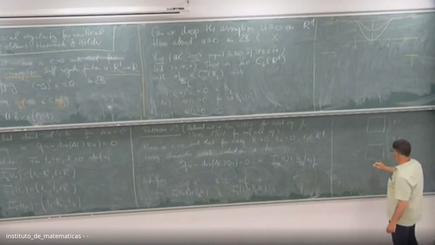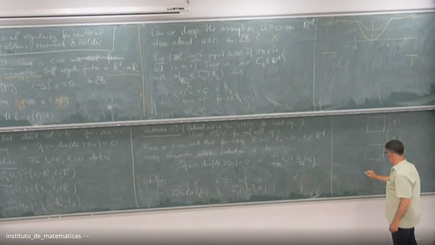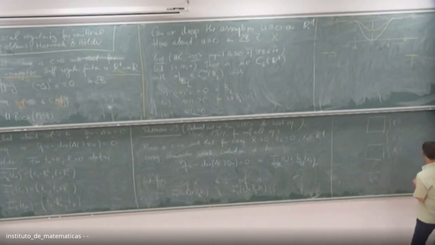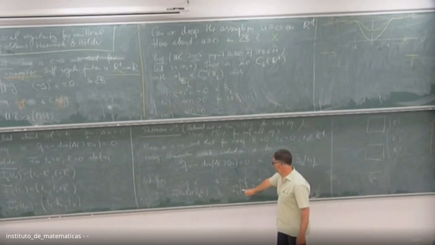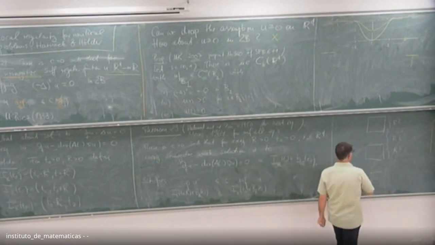So here you see B_R of x naught. Time goes in this direction. The point t naught is t naught plus R squared, I run forward in time.